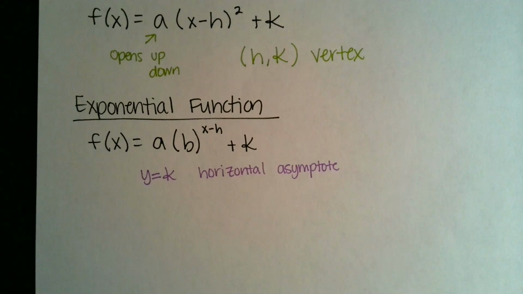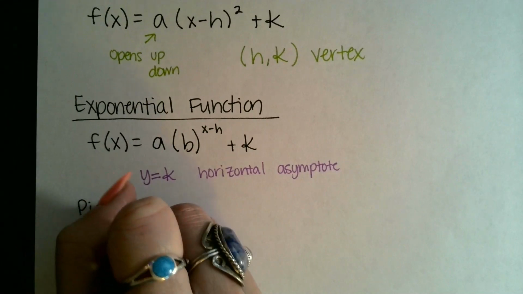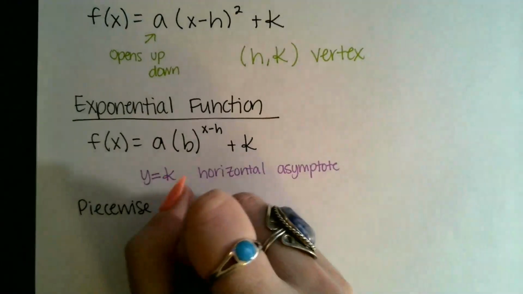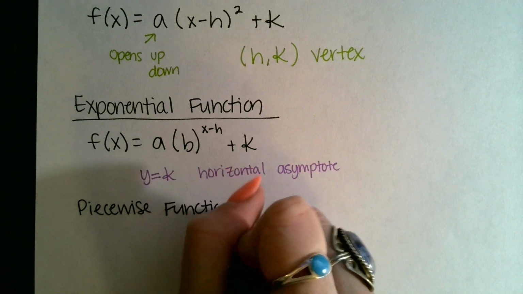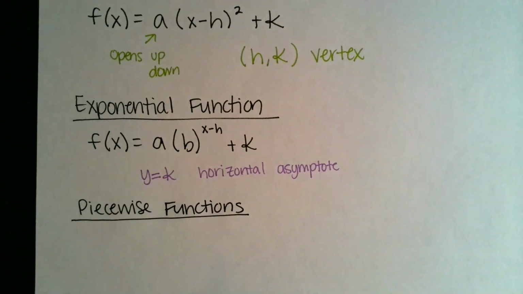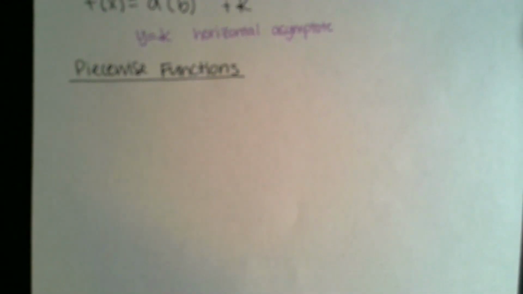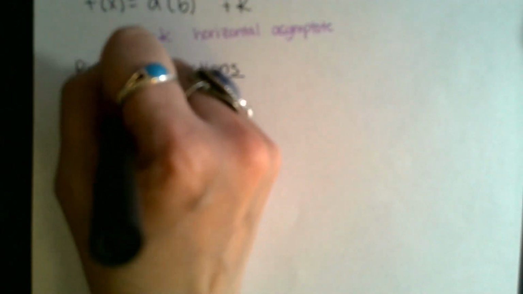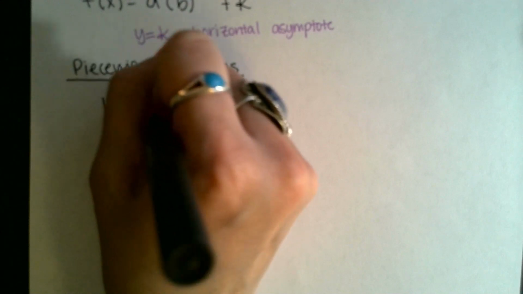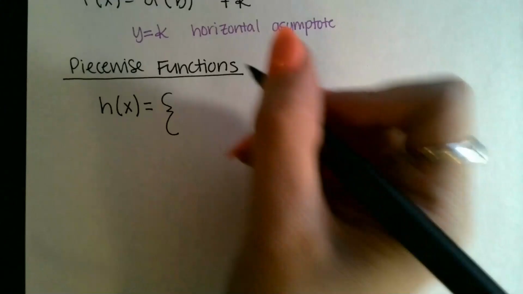All right, benchmark question. Piecewise functions. While we're in our function families, it was asked to do an evaluating piecewise function, so I'm using a test question because I believe that if you are given a piecewise function, you are going to be given the equation of a piecewise function and asked to evaluate.